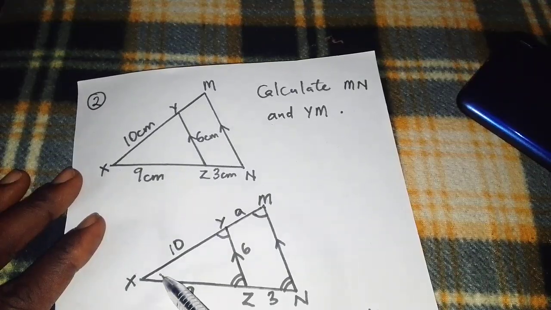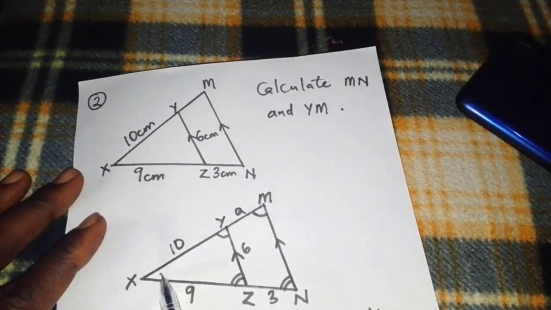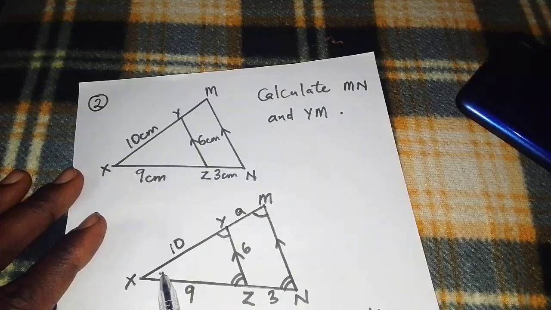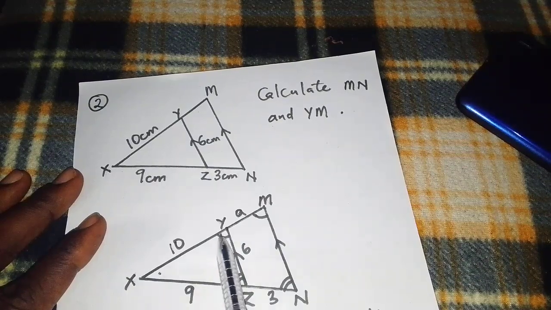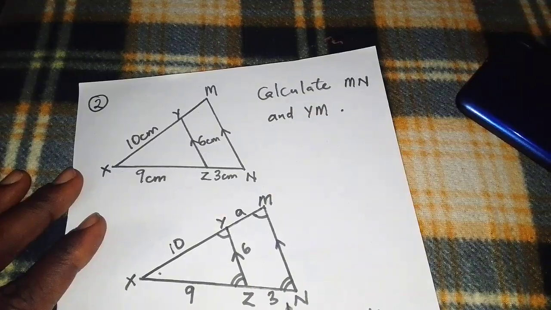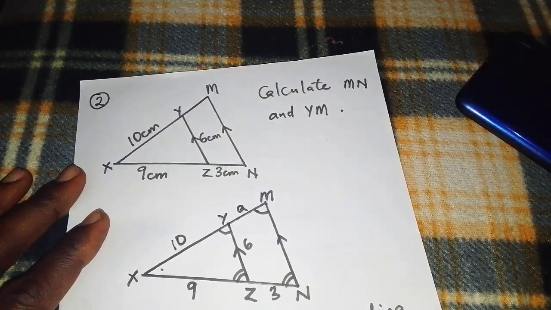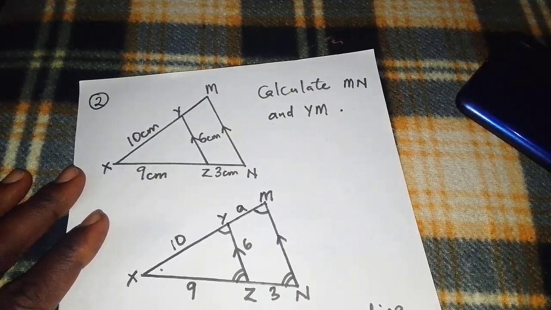The third angle here is common to them. That means we are having two triangles, this small triangle and the big triangle. That means you are having triangle XYZ and triangle XMN. So let us now get the way both of them are similar.